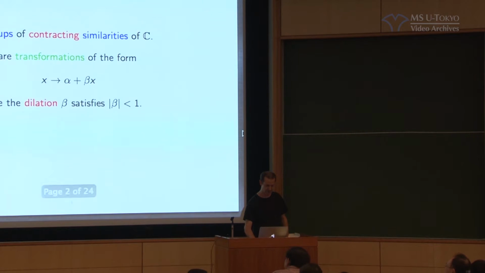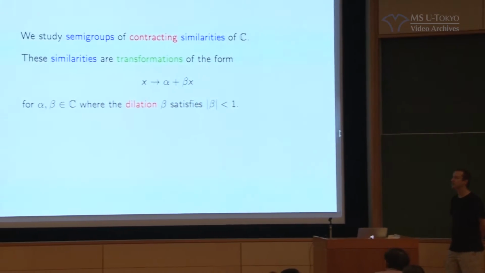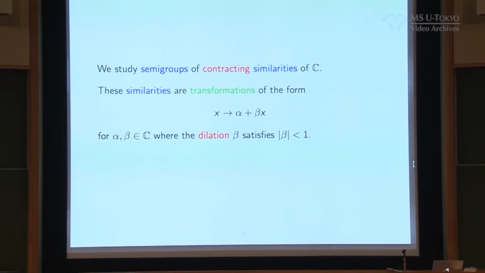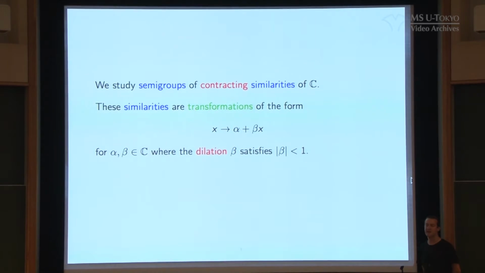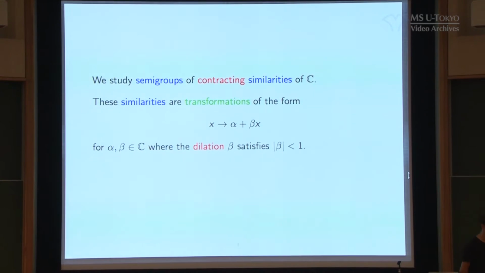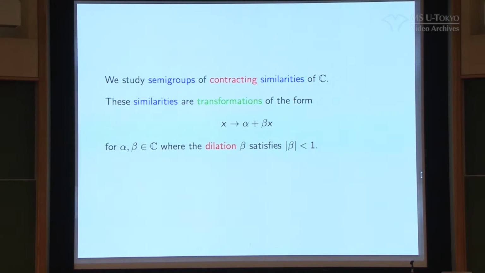So what I want to talk about is a very naive sort of question. Some extremely simple, on the face of it, dynamical systems. These are semigroups generated by some extremely simple transformations, Euclidean similarities of the plane, and even contracting similarities of the plane.